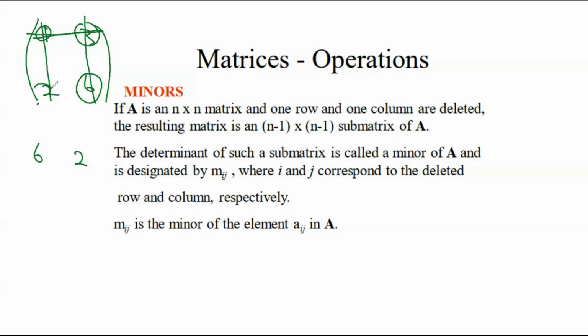The minor of this 2, cross out here and here, and it will be 3 here. And the minor of 6, I'm going to cross out this and that, and you will get 1, right? So this is the minors all assembled into a matrix, the minors of each element of the previous matrix.